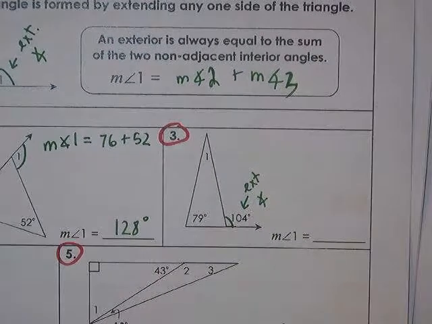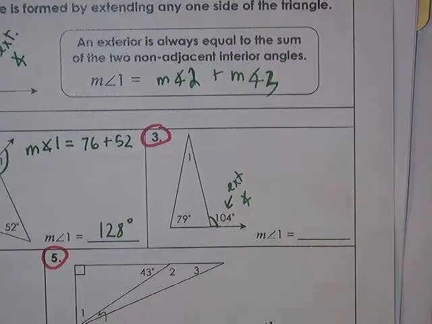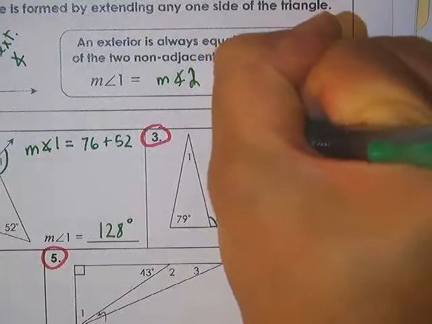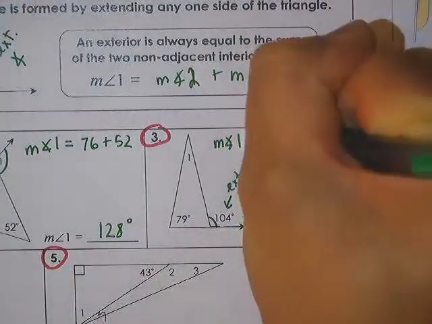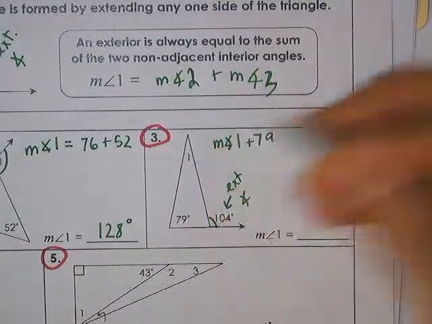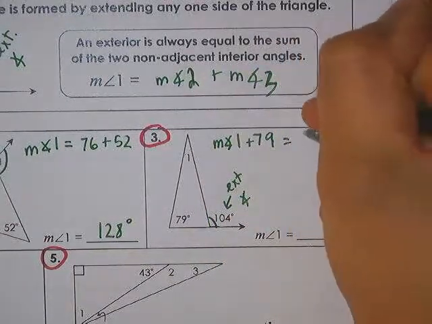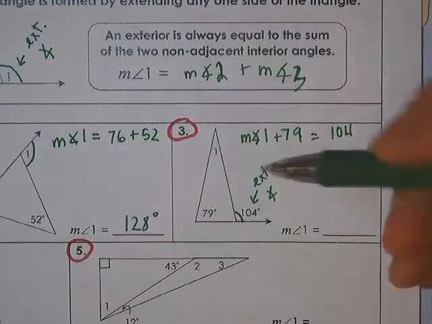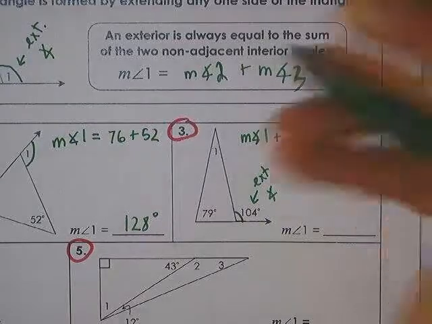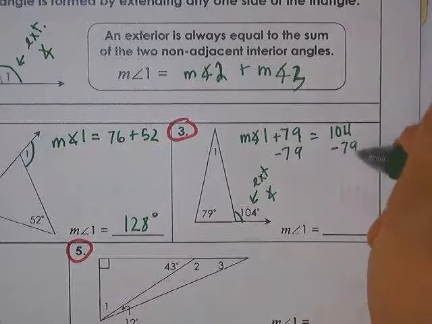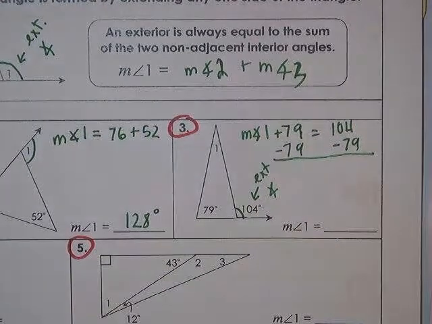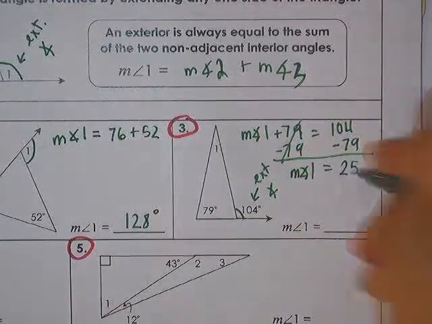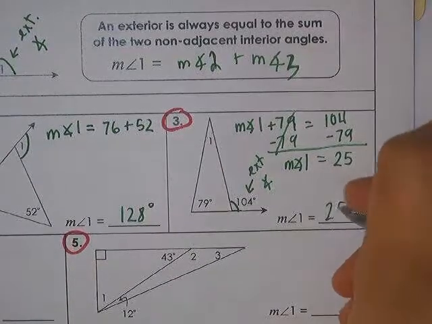If I want to find my angle 1 given my exterior angle, I know that the measure of angle 1 plus that 79, so basically these two angles, when I add them together, is going to equal 104. So to find angle 1, I need to subtract 79 on both sides. After crossing this out, the measure of angle 1 should get me 25 degrees.